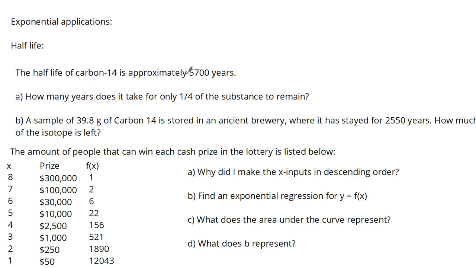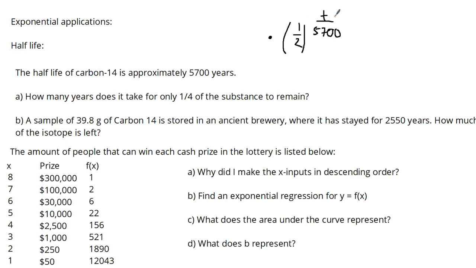We have our half-life is 5,700 years. So our half-life is every single 5,700 years. So that's t over 5,700, because it only happens once every 5,700 years. It will be reduced by 1/2 every single 5,700 years.